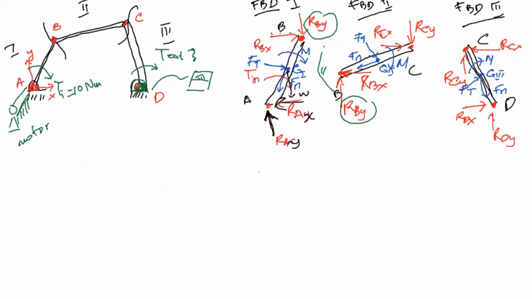Okay, now the question is, what is the output torque at point D for link D? So I have to draw the output torque. I forgot here, it has output torque T out.